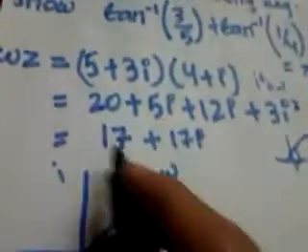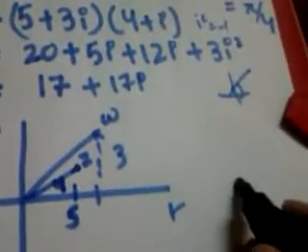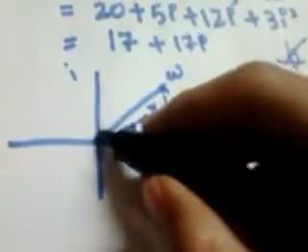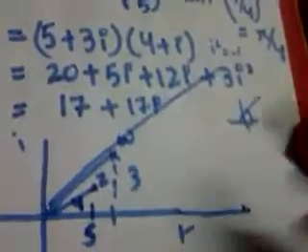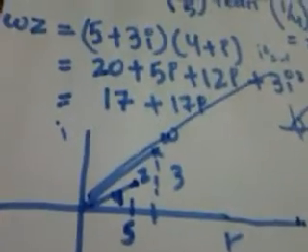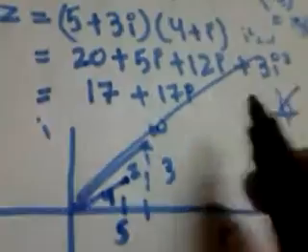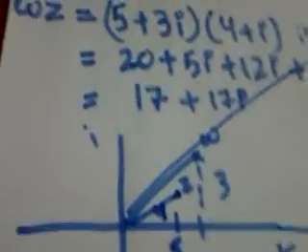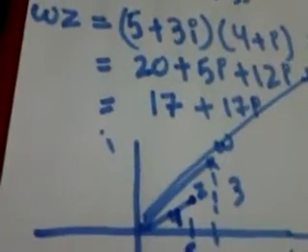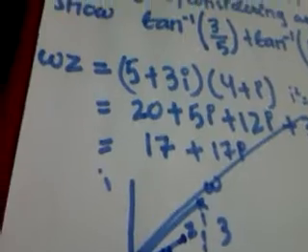Then wz, let's take about 17. Here's 17 somewhere, 17i up there, so it may be something like this. We don't know. Actually, we don't need to do this, but it will give you a rough idea. Now remember that when multiplying two complex numbers, their arguments will add up.